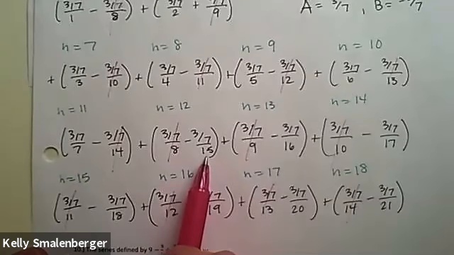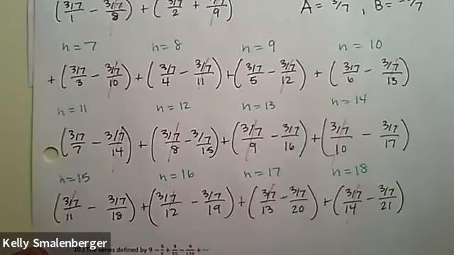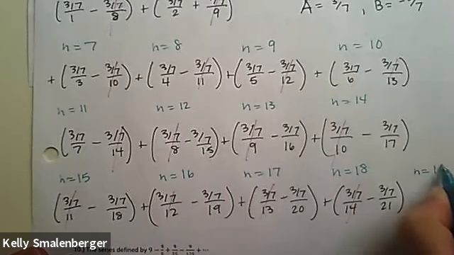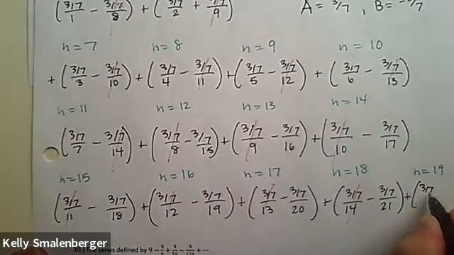Is it going to stop at n equals 12? How do you know that? Well, on the left side, you're just increasing by 1. So your next term at n equals 19 is going to give you 3 over 7 over 15. Yes. So I need to do one more. So plus 3 over 7 over 15 minus 3 over 7 over 22.